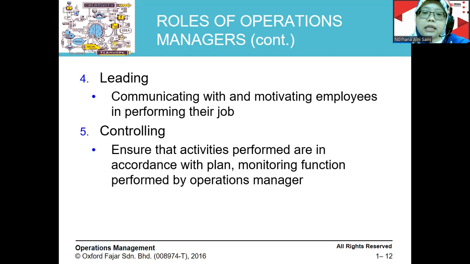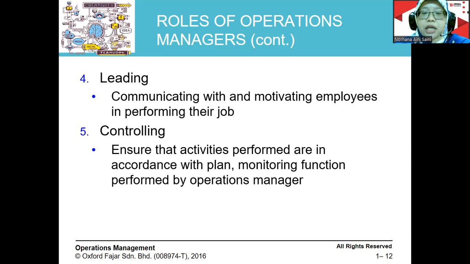All right, and the last one is controlling. For controlling, you as a manager need to ensure that the activities performed are in accordance with the plan. It is the monitoring function performed by the operation manager. When we talk about controlling, it is all about the quality of the product, the output that we have produced. Whatever we have planned, controlling is like the last gate before we sell to the customers.